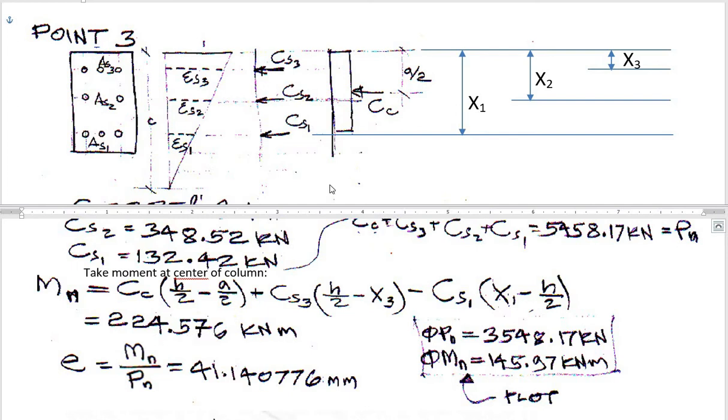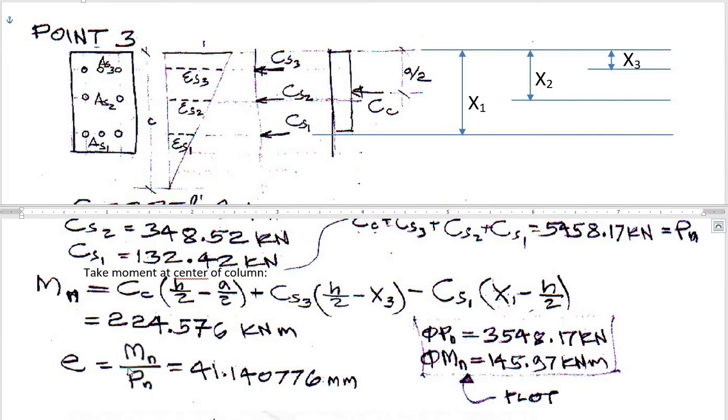So, that is equal to 224.576. Paano nakuha yan? I-divide mo yung equation na yan by 1 million para maging kilonewton meter, kasi newton millimeter yan. Next is eccentricity is equal to nominal moment all over nominal axial load.